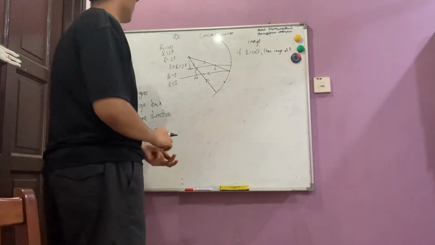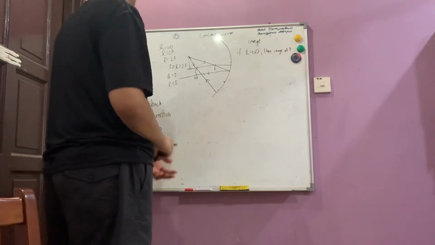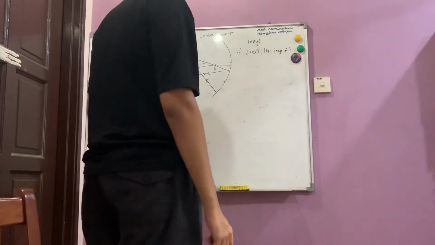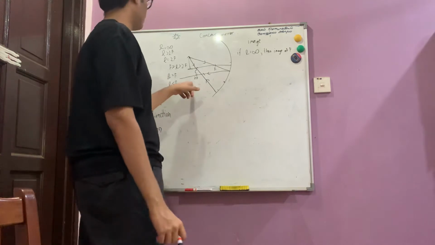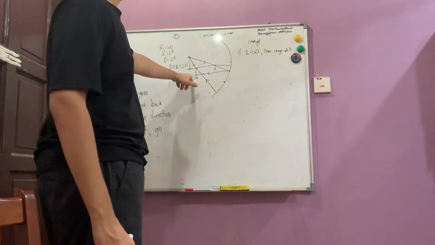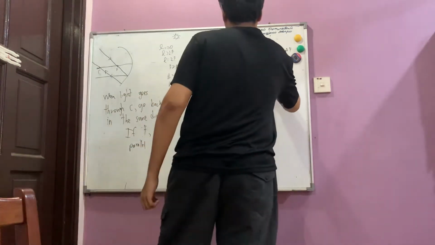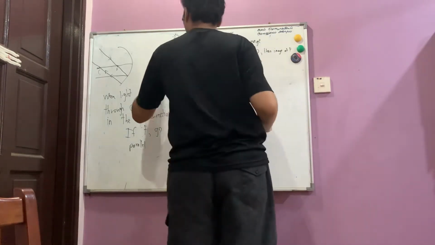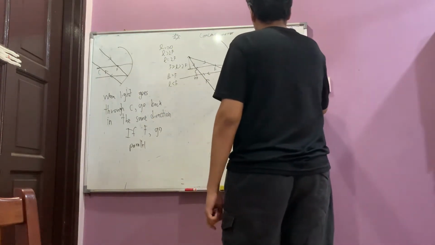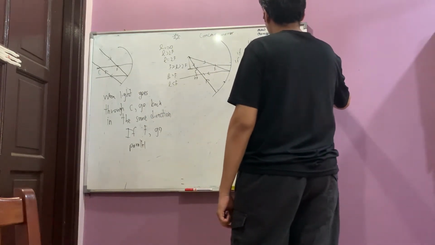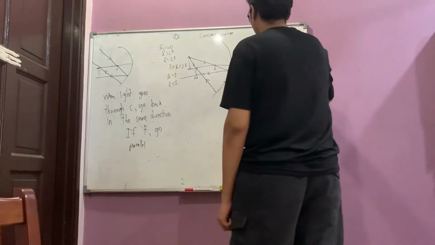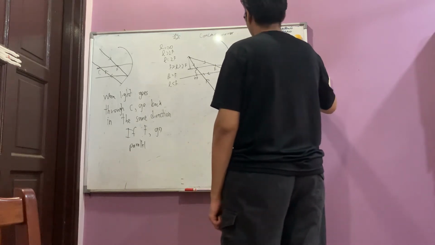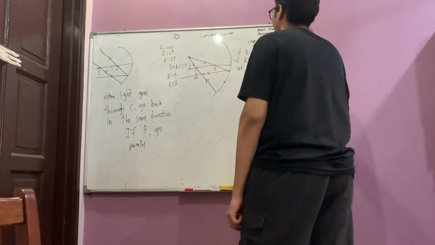So if the object is more than 2F, if L is more than 2F, then the image will be between F and 2F.